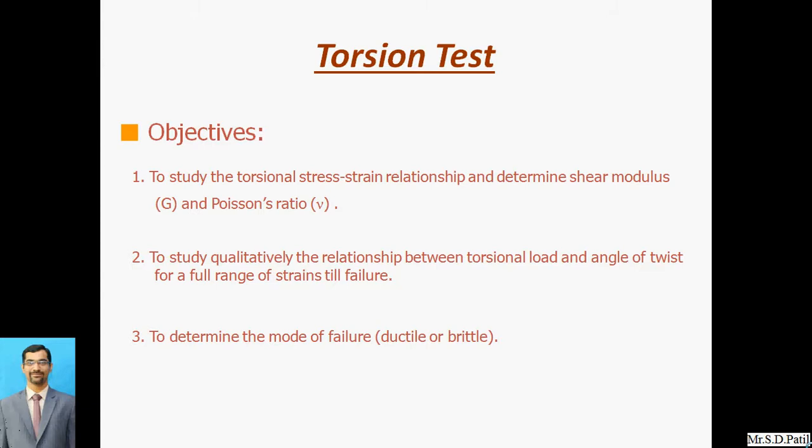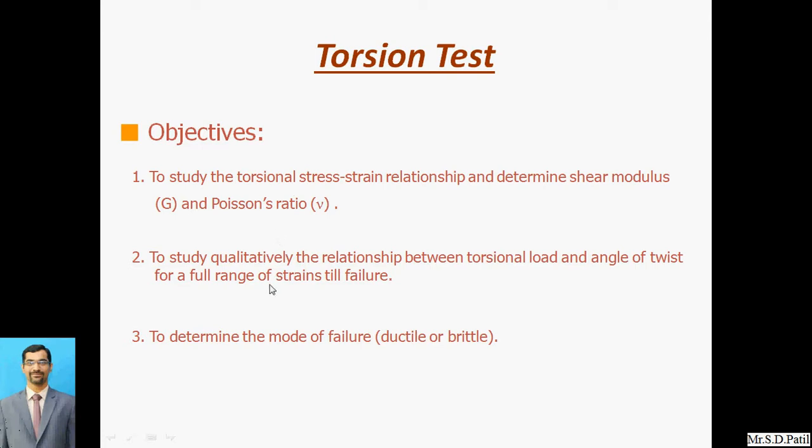The shear modulus is the ratio of shear stress to shear strain. This is the difference between them. Once again, the modulus of elasticity relates tensile stress to tensile strain, and the shear modulus relates shear stress to shear strain. Then we calculate the Poisson ratio through the torsional test.